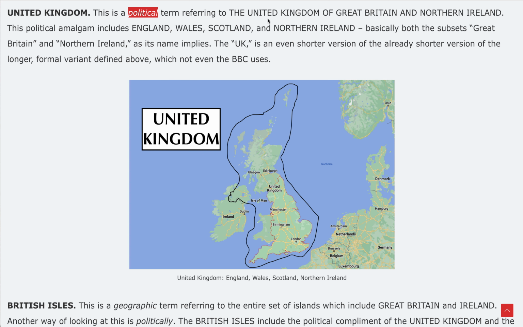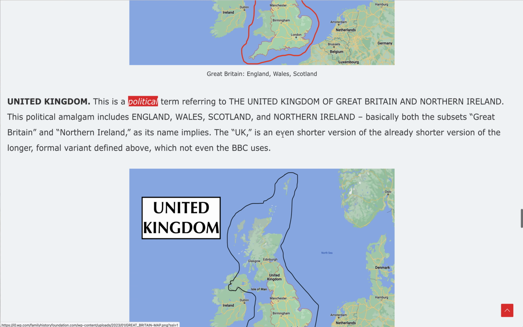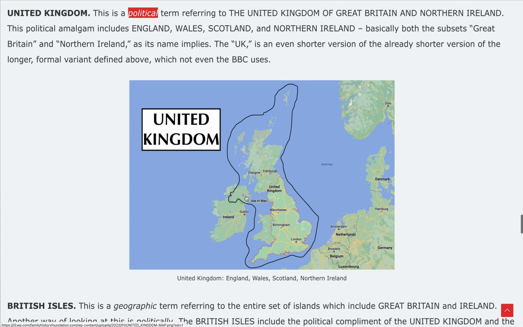The formal name is the United Kingdom of Great Britain and Northern Ireland. And this political amalgam includes England, Wales, Scotland, and Northern Ireland. So England, Wales, Scotland, and all of the islands, and Northern Ireland.